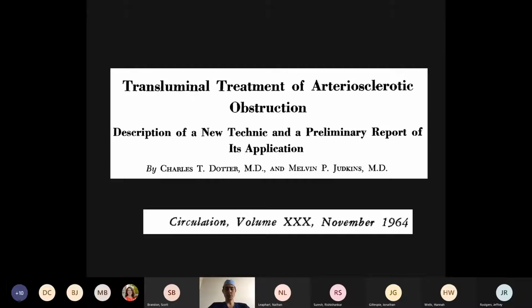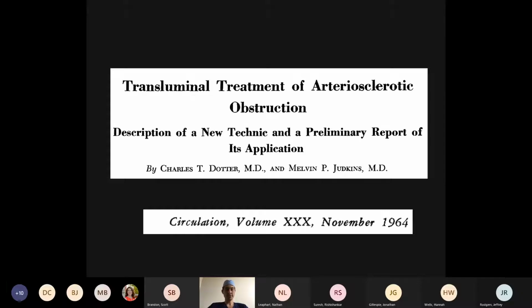So that was published in 1964, and at that time was a really amazing advancement in technology. And that was the first time a therapeutic procedure was done through the skin, percutaneously, and by a radiologist, and that's the reason he's considered the father of IR. So Dr. Charles Dotter.